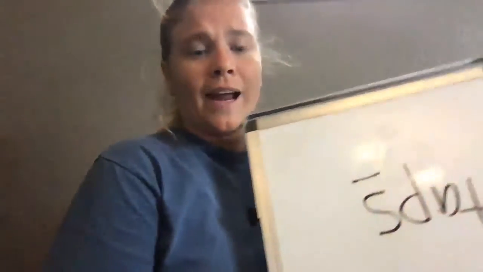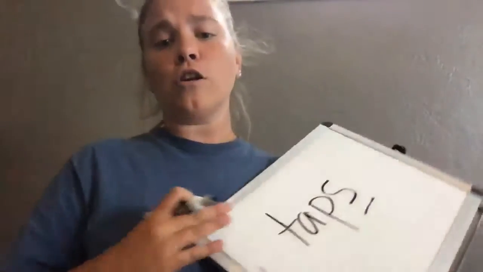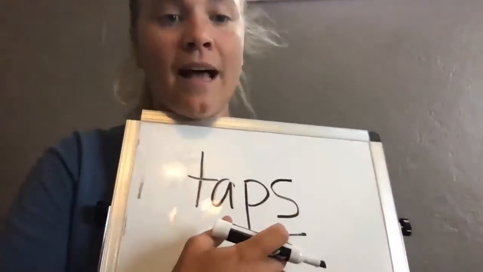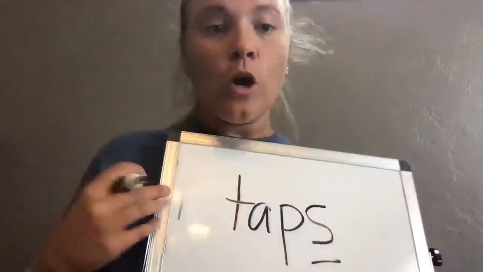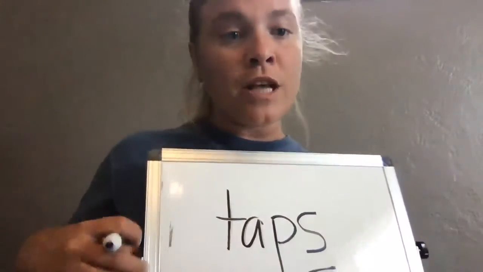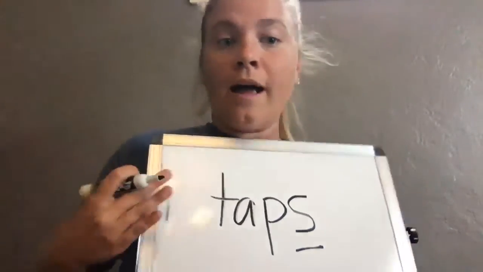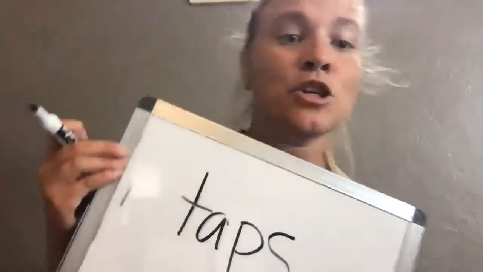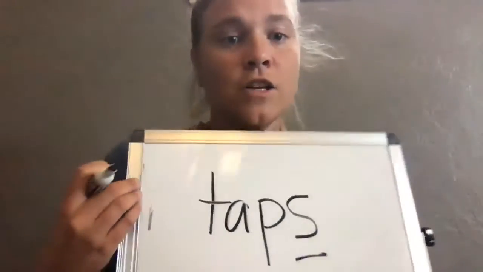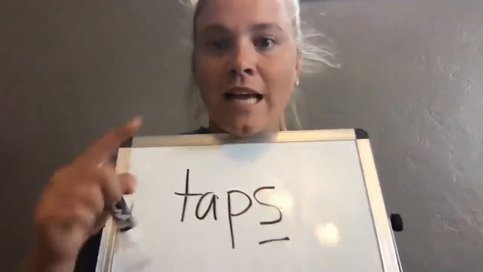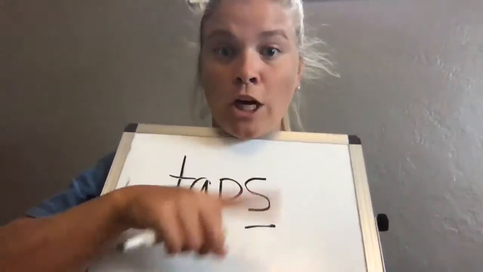So first grade, when I have the word taps, that inflectional ending normally follows a name, like it follows somebody's name, something like people. It follows things like he, she, or it, all right? So an example of that, like I just said, is she taps her hand.